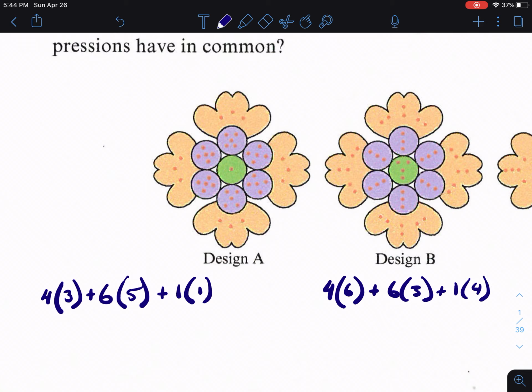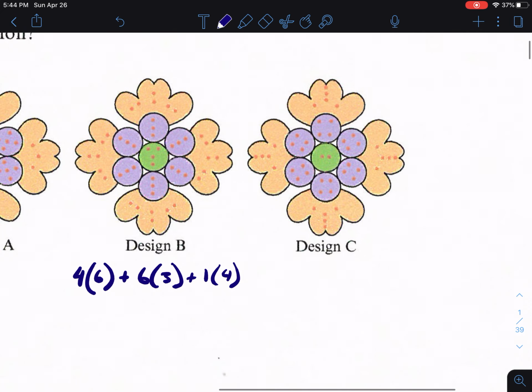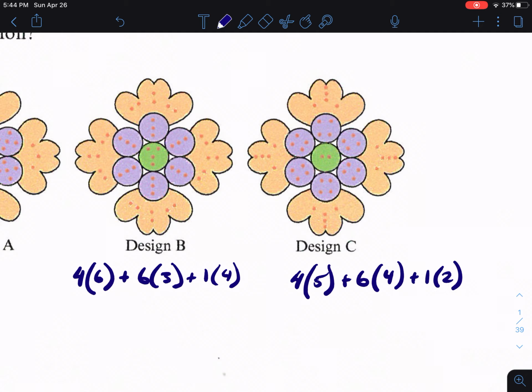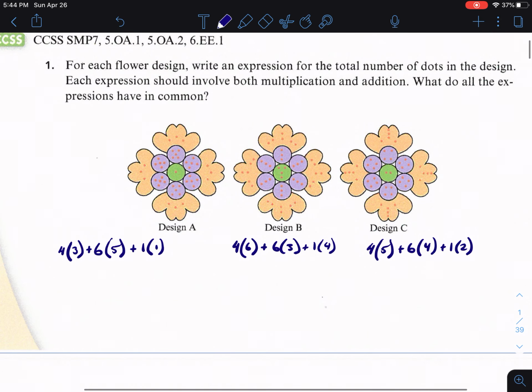We can still write that out because we have a structure that we've already noticed. And let's look at design C. Let's see, how many are there in the orange petals? There's 5, and 4 in the purple circles, and 2 in the green circle. So we've been able to write this out.